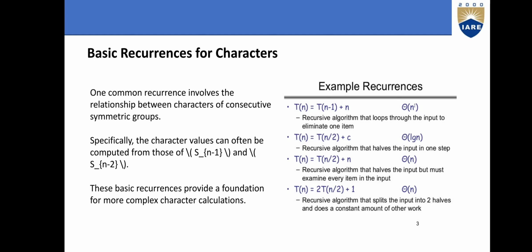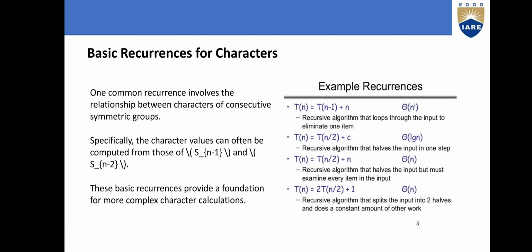Basic recurrences for characters. One common recurrence involves the relationship between characters of consecutive symmetric groups. Specifically, the character values can often be computed from those of S of n minus 1 and S of n minus 2.